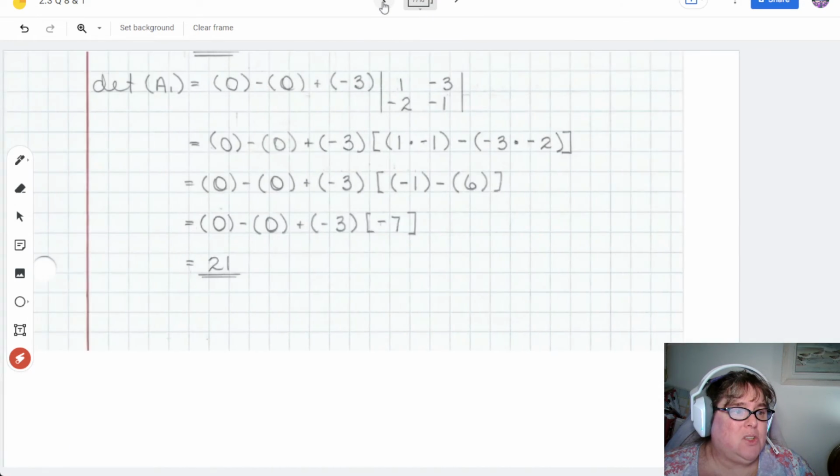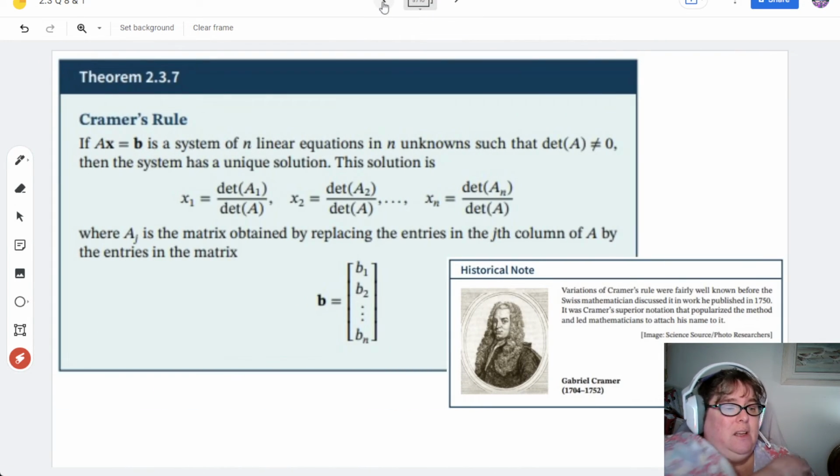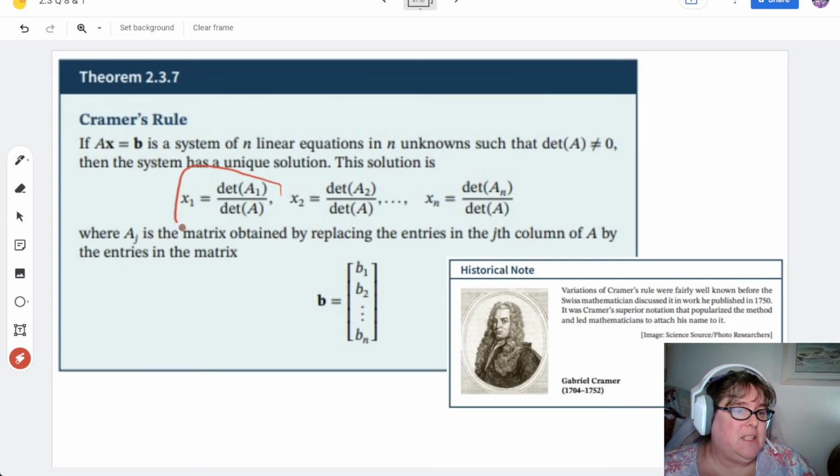Then going back to our formulas, x sub 1 will be the determinant of A sub 1 over the determinant of A. x sub 2 will be the determinant of A sub 2 over the determinant of A. And so on. x sub n is the determinant of A sub n over the determinant of A for any problem that you have.